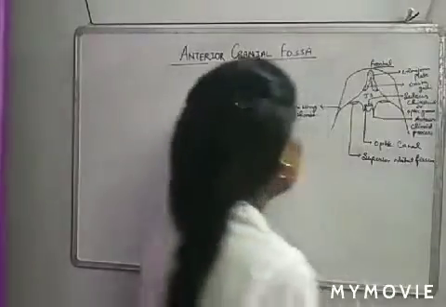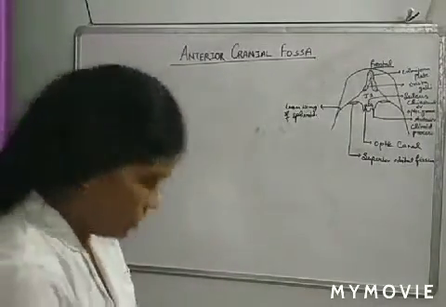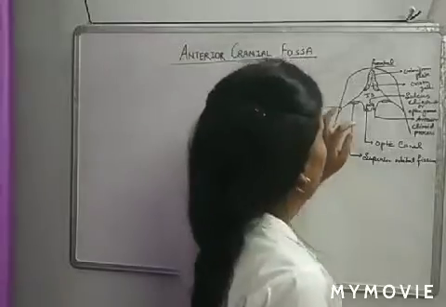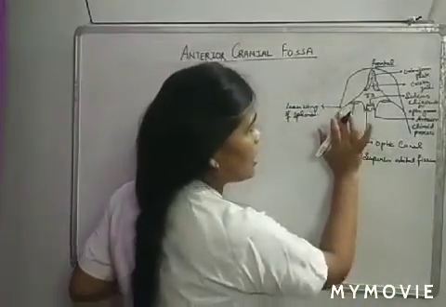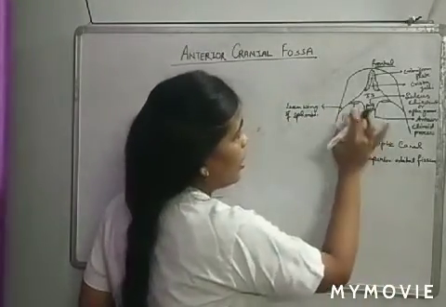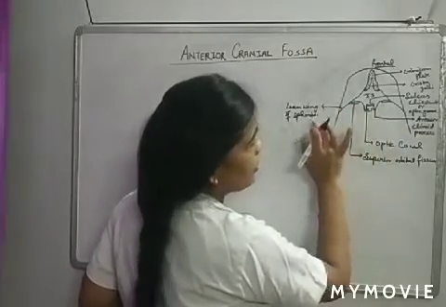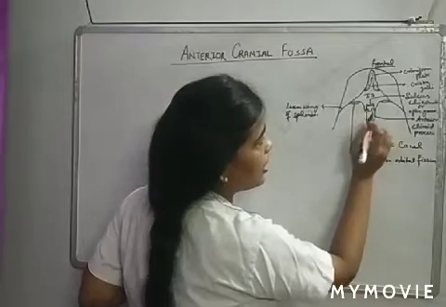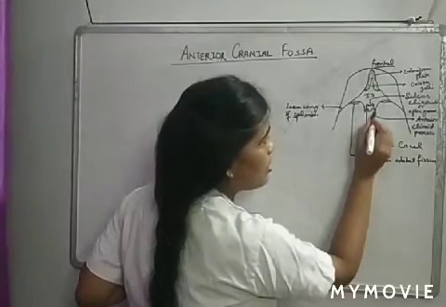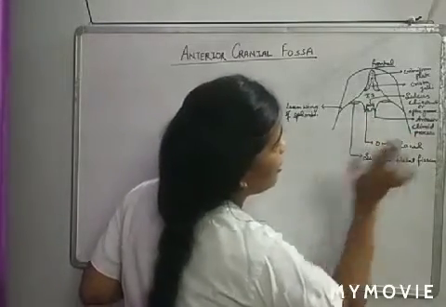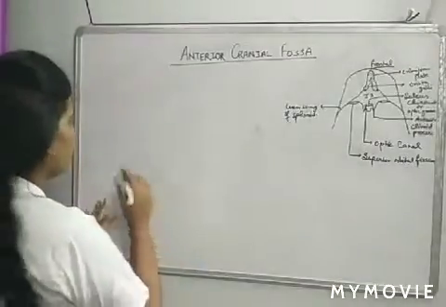Now, this is the lesser wing of the sphenoid. It projects medially. The lesser wing of the sphenoid projects medially and forms a process called the anterior clinoid process. See here.